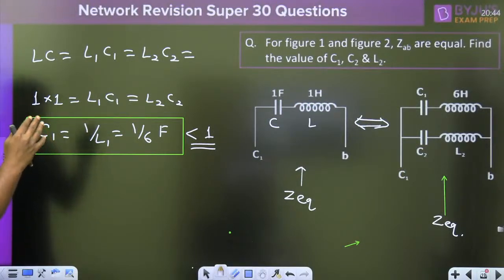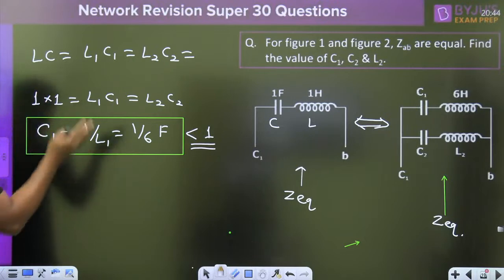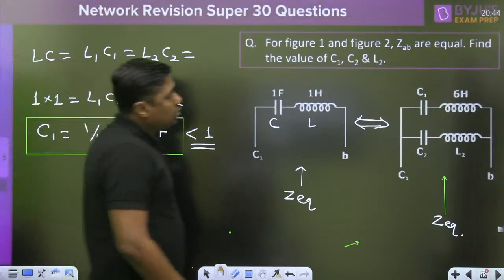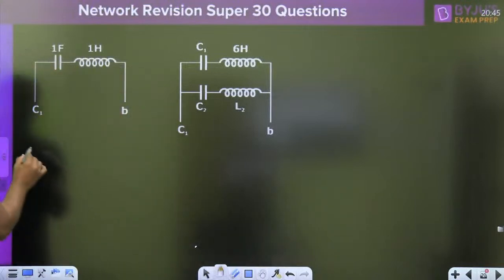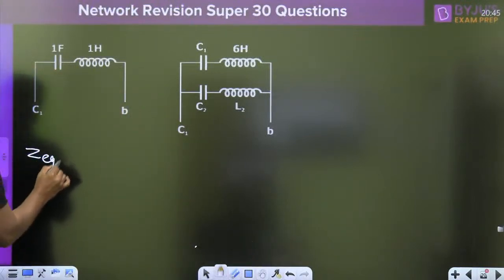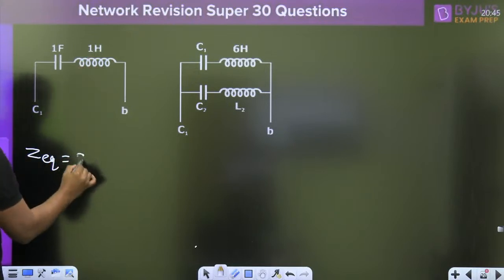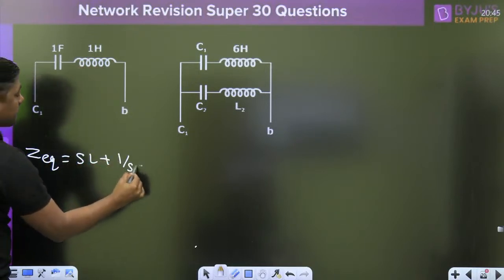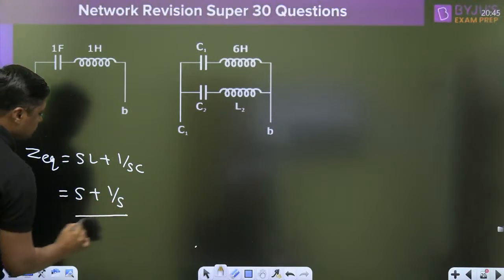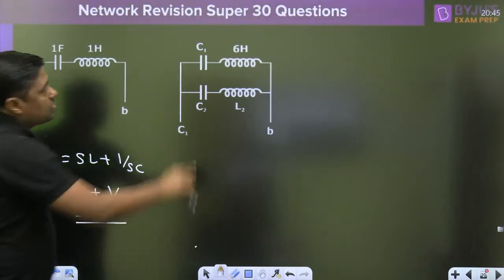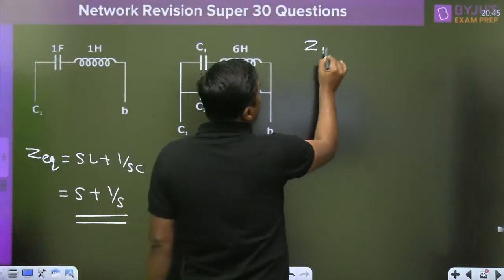Now this is the parallel combination of these two. Parallel combination of these two should be equal to, what is the Z equivalent? Tell me. Here the Z equivalent is given by SL plus 1 by SC. It will become S plus 1 by S. So what is the Z1 here?